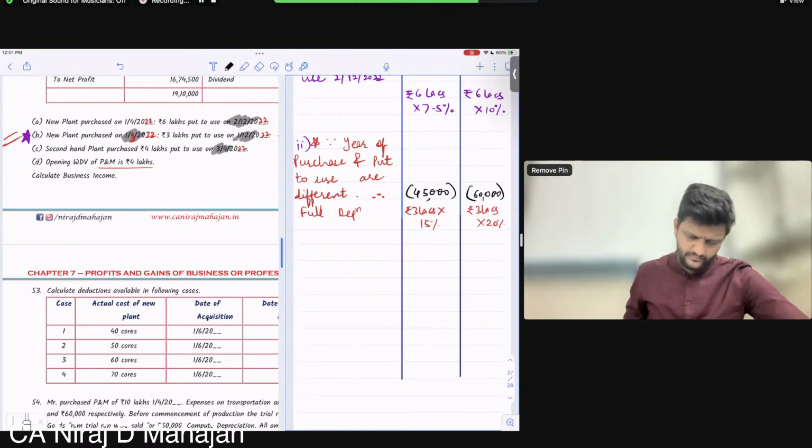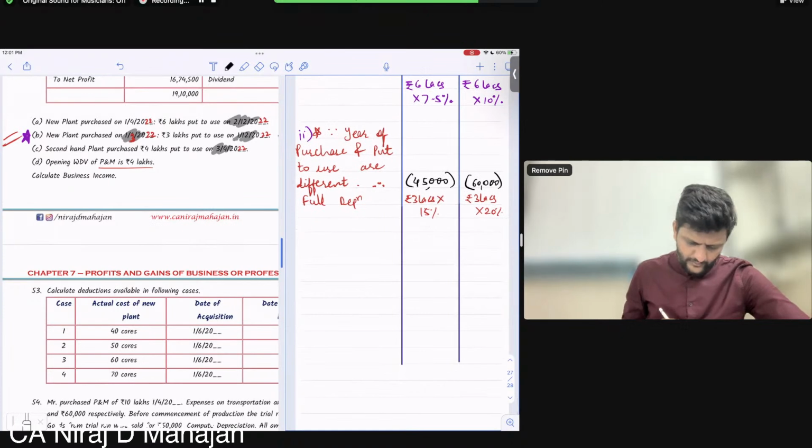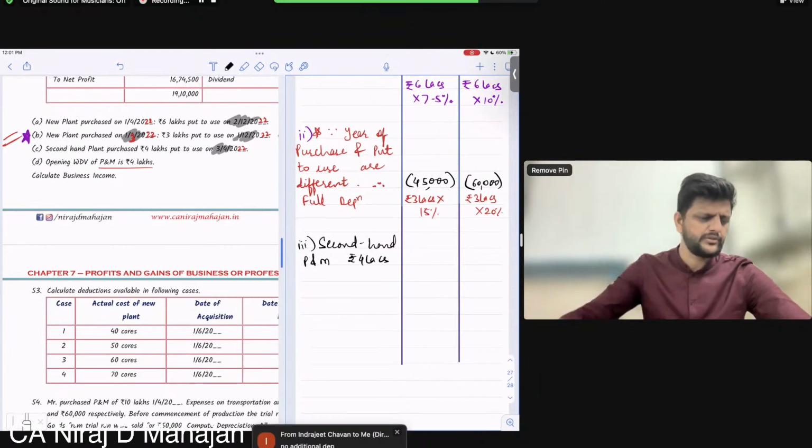And third one, second hand plant and machinery. Rupees 4 lakhs. But put to use immediately on 3rd April, bachcho.